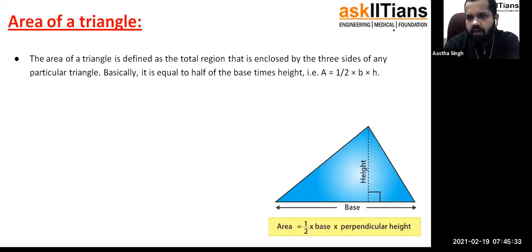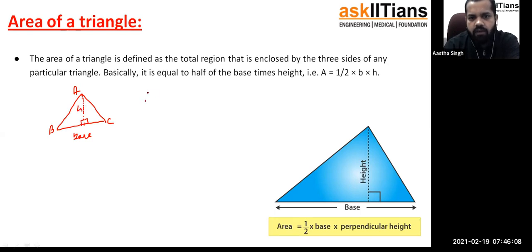So first is the area of a triangle. You know the area of a triangle is basically half base into height. If your base is there and your perpendicular height is there in any triangle, suppose ABC, you can take any base and its perpendicular height from the opposite vertex. Suppose you have taken your base BC, and the perpendicular from its opposite vertex, suppose this height is h.